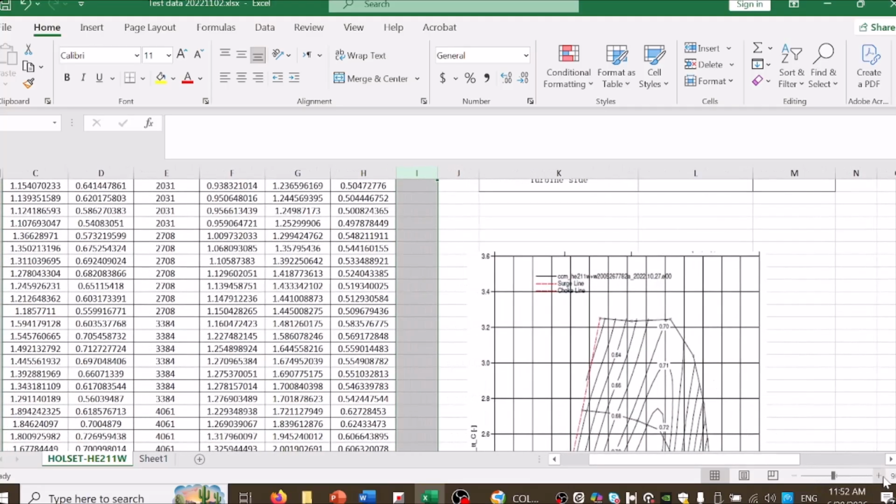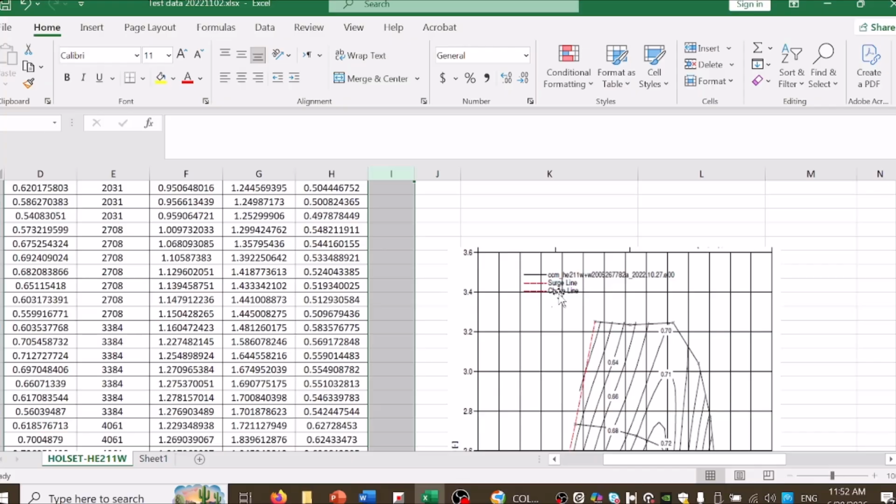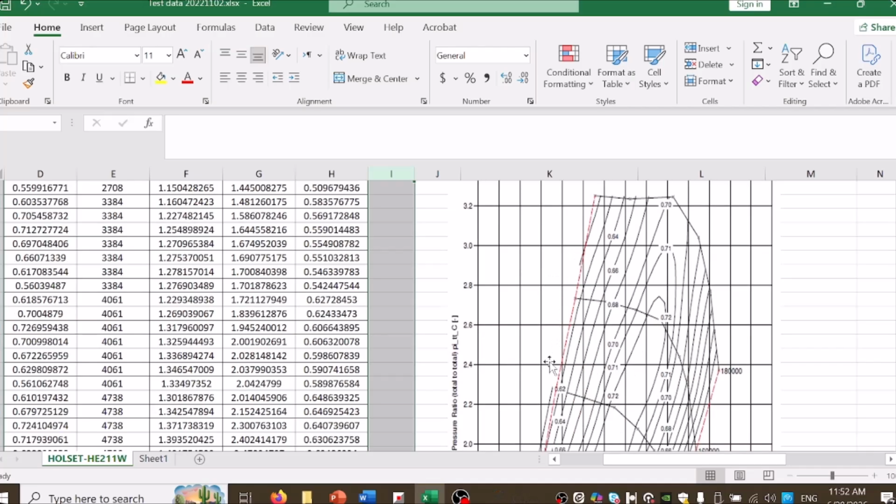Okay, let me zoom this. You can see here we have the surge line, the red one, okay? The surge is on the left side of the map here. But what is surge? It happens when the compressor is trying to create too much pressure for too little airflow.